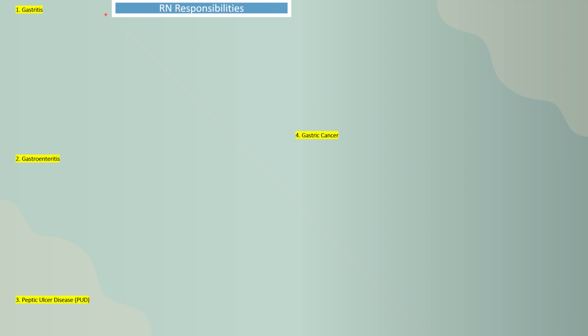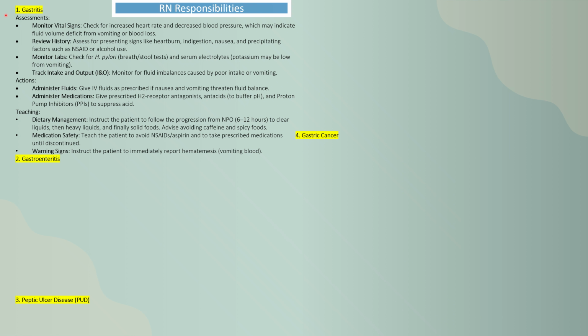From this chapter, I made RN responsibilities for these 4 stomach diseases. Gastritis. The assessment: monitor the vital signs, check for increased heart rate and decreased blood pressure, which may indicate fluid volume deficit from vomiting or blood loss.